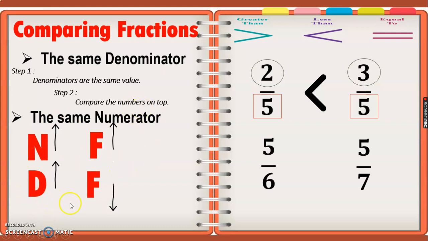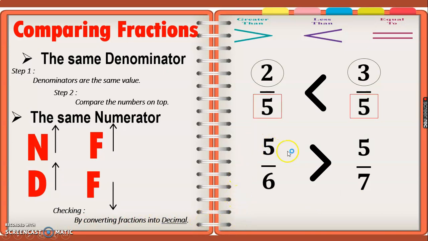When the denominator is higher, therefore, the fraction is lower. So they have the same numerator, but 5 over 6 is greater than 5 over 7. Do you understand, kids?